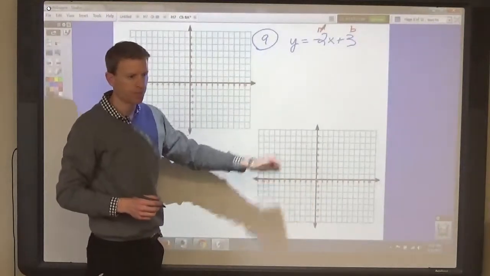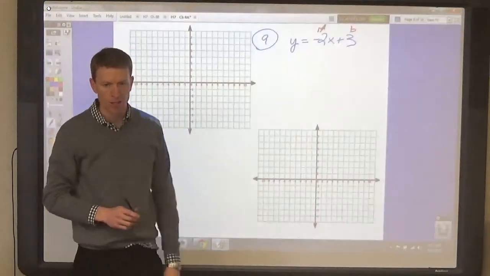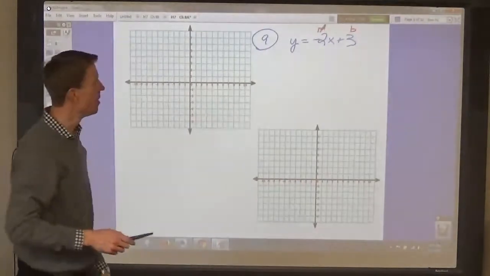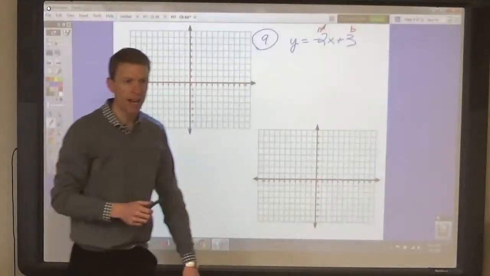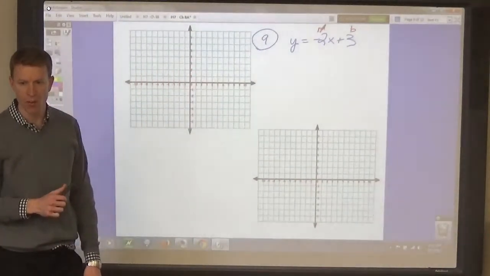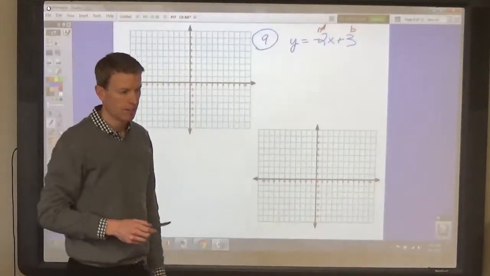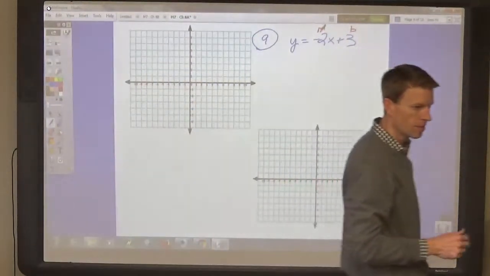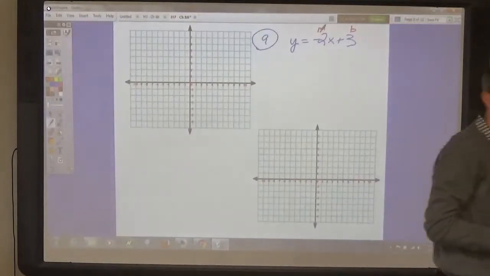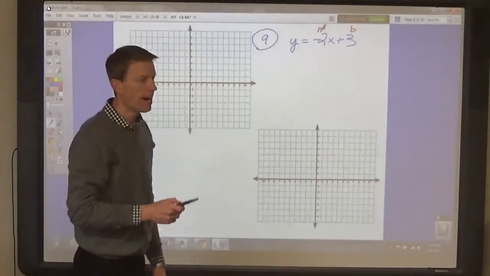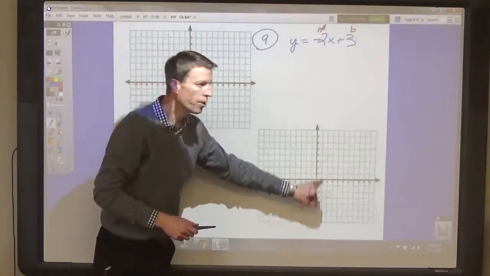Go ahead and do that. Mark b, the number 3, on the y-axis. Put a point on number 3 on the y-axis. Mark 3 on the y-axis. So mark the number 3 on this line.